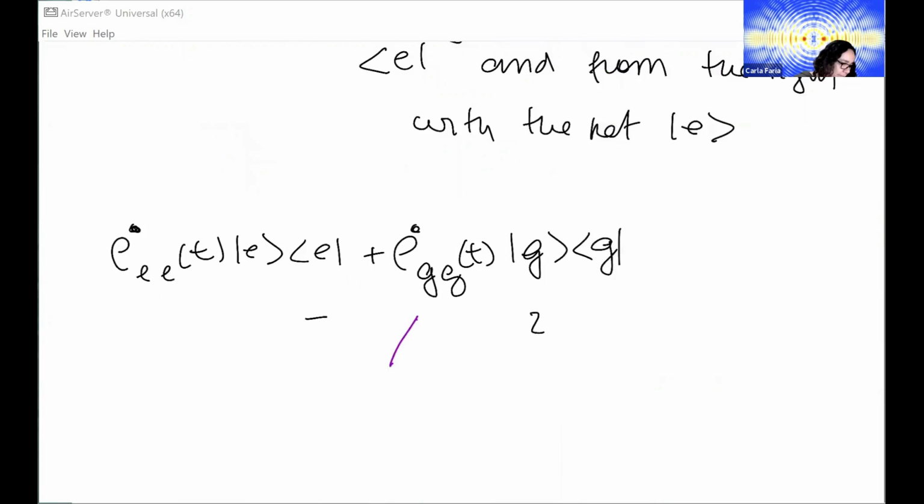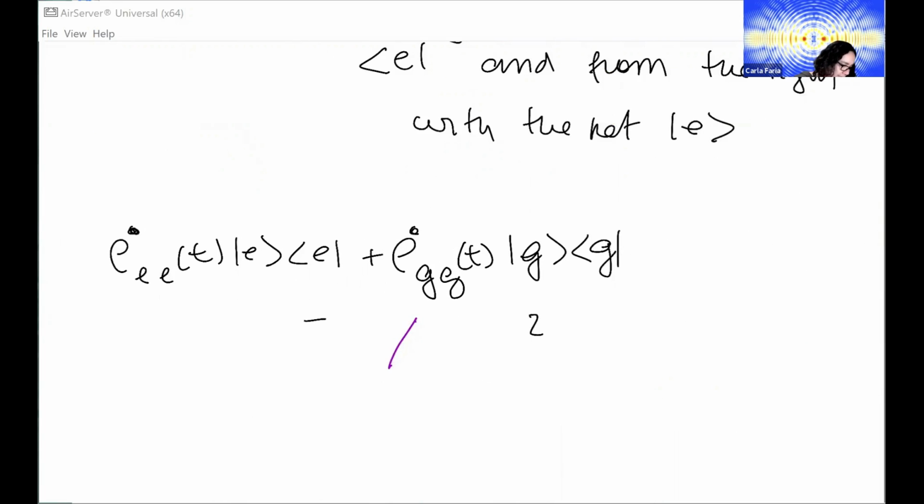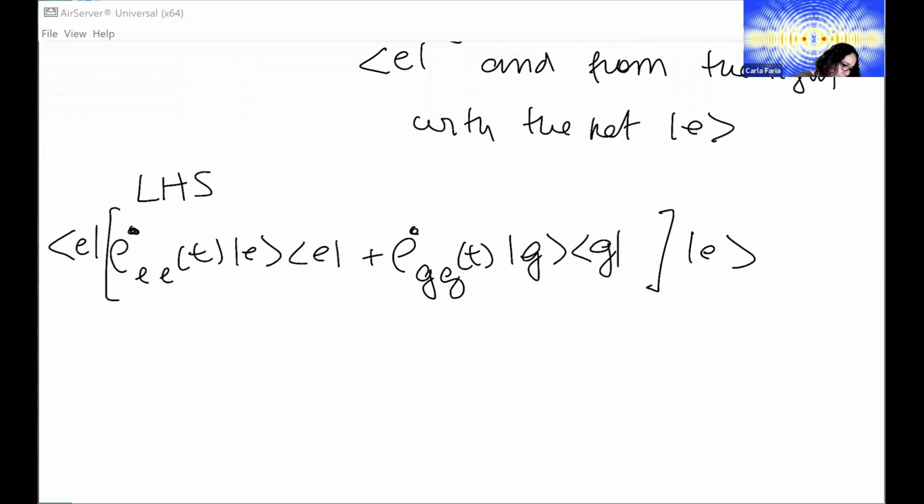So I have this left-hand side. So I go with E and with E. So clearly, this is going to vanish because these two are orthogonal. This is going to vanish as well.